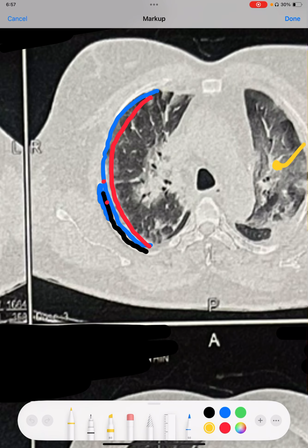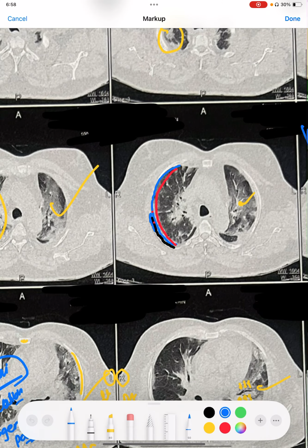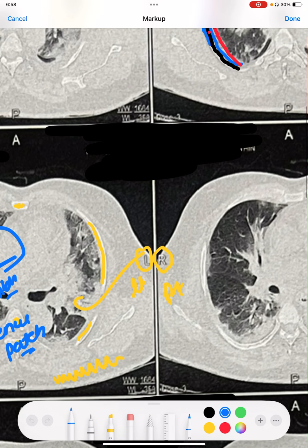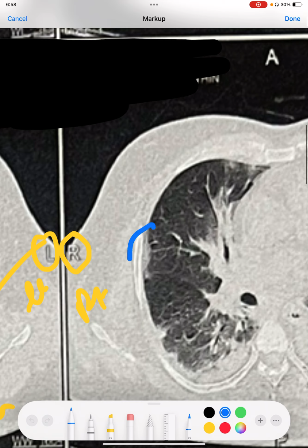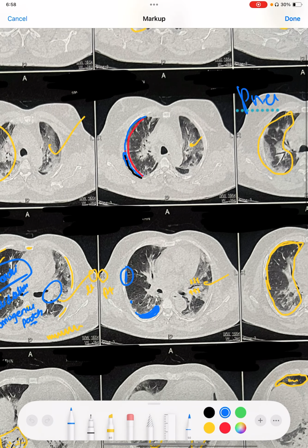So a presence of typical subpleural patches means, if you can see consolidation here, it is in the center. But if you see here, there is a small patch which is subpleural, meaning very adjacent to the pleura. This pneumonia patch is present at around the rib margin, which is a subpleural patch.